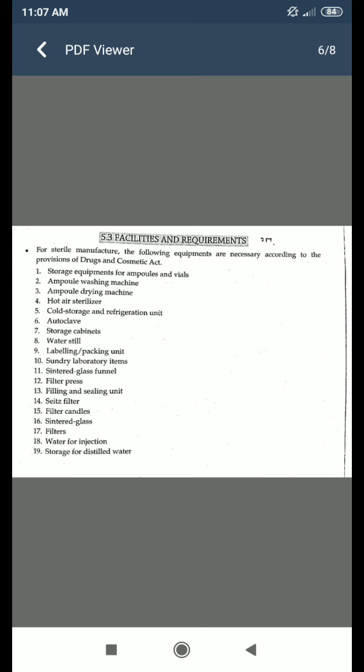Then autoclave, storage cabinets, water still, labeling and packing unit, sundry laboratory items, sintered glass funnels, filter press, filling and sealing unit, Seitz filters, filter candles, sintered glass filters, water for injection, and the last one is storage for distilled water. These are the requirements and facilities of sterile manufacturing.